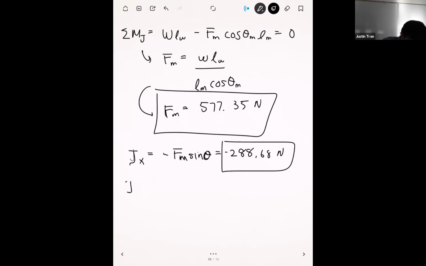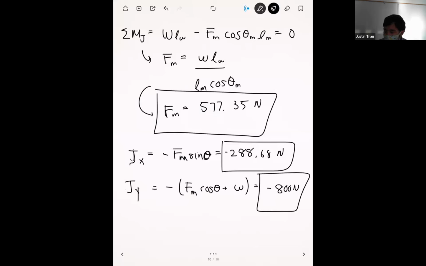And Jy is equal to minus FM cosine theta plus W, which equals minus 800 newtons. Most of the joint reaction force is in the vertical direction because that's the direction the weight is acting, and our muscle force has a much higher vertical component than horizontal.